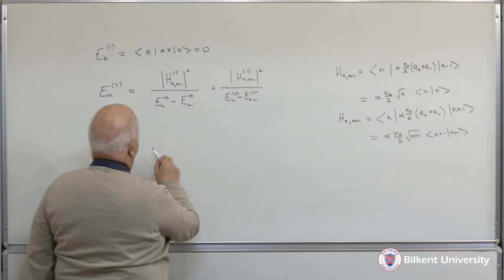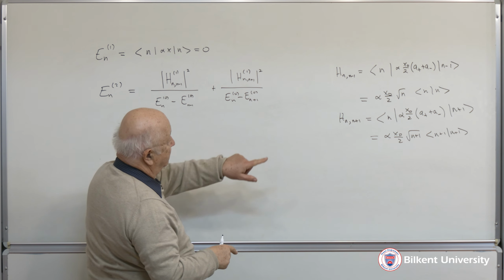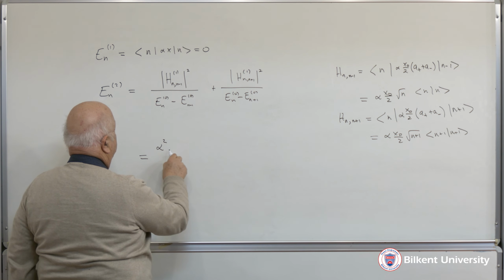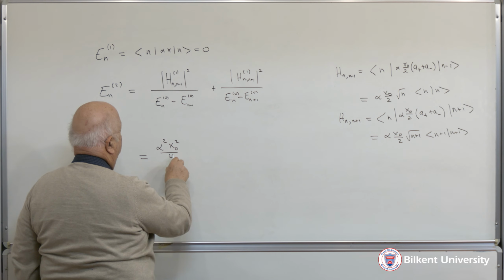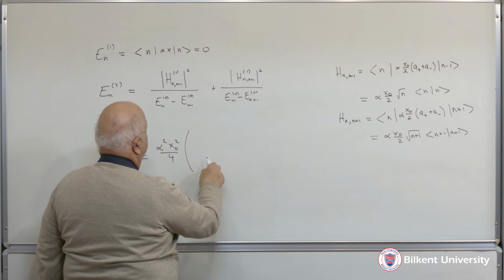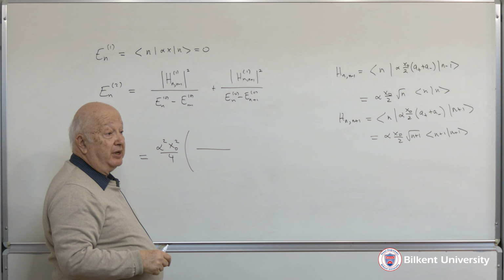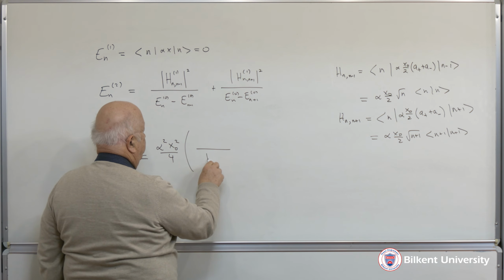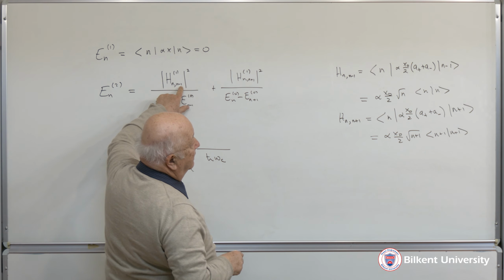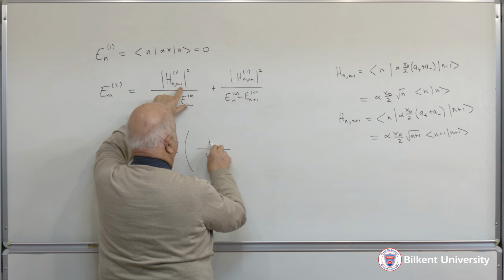Okay, so let's now put these things in. n and n minus 1. The common factor is going to be alpha squared x0 squared over 4, the square coming from both of these things. And then over here, I have E_n minus E_{n-1}. So I'm going to get a positive quantity, which is h bar omega c, and n minus 1 is going to give me the square of this, which is going to be n.